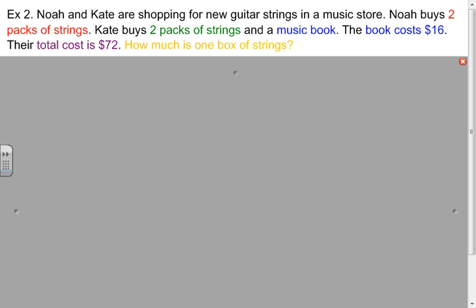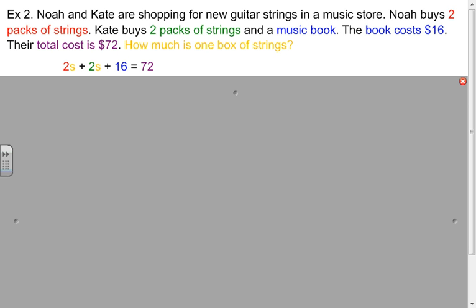Now, Noah buys 2 packs of strings, so that would be 2s. Kate buys 2 packs of strings, so that would be 2s. And she buys a music book. The music book costs $16, so we have 16 in blue in our equation. The total cost is 72. Total means put it all together. That's where your equal sign comes from.